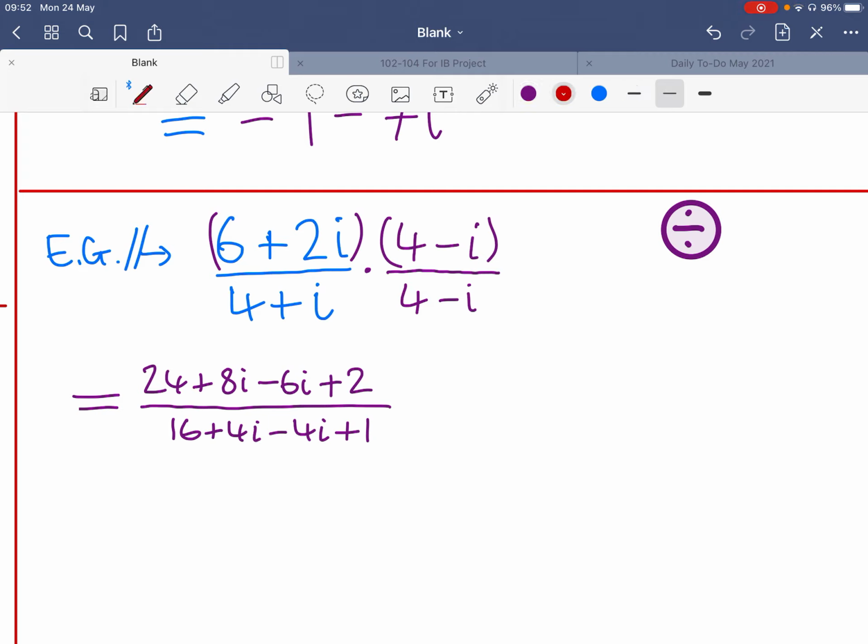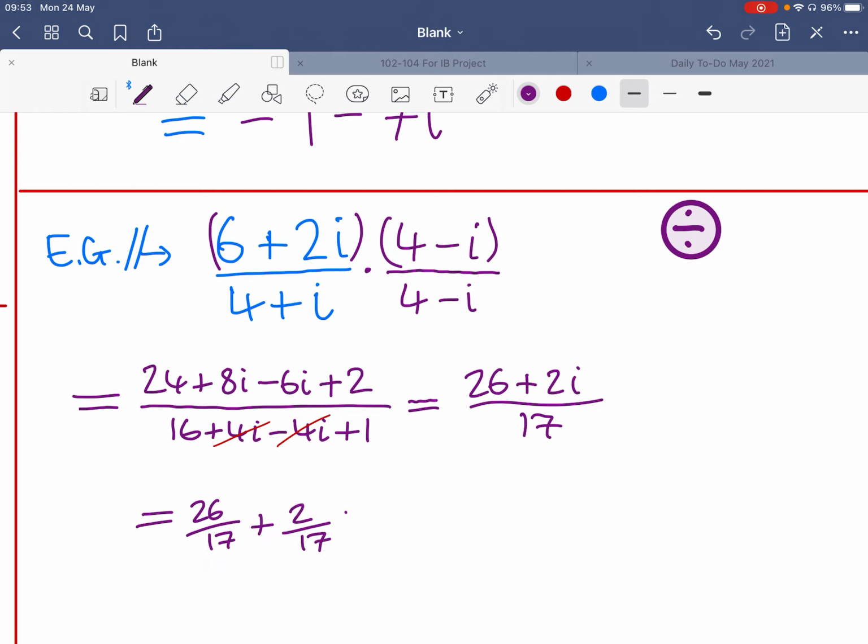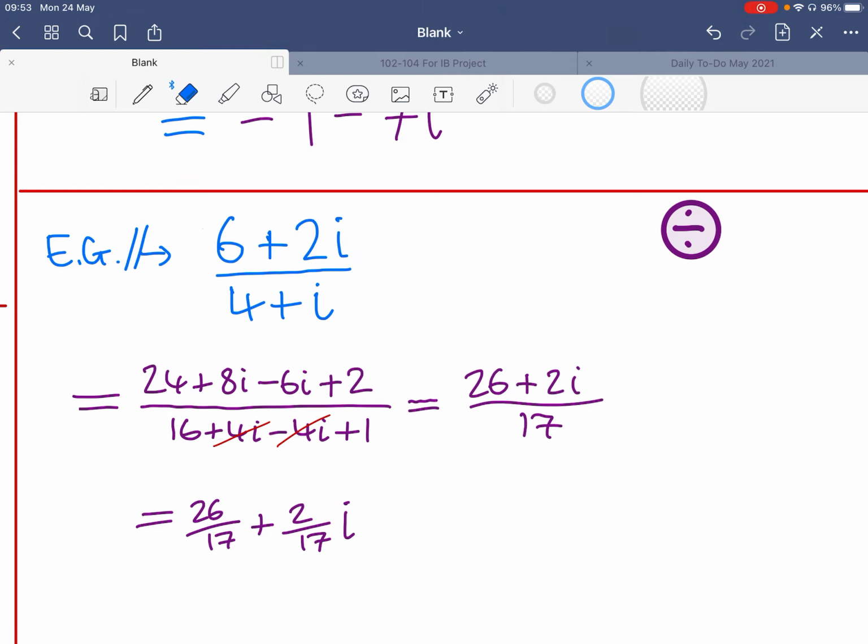And the most important thing here is that you'll see plus 4i minus 4i is 0i, or just 0. And now we suddenly have no imaginary numbers on the denominator, which is great. So 26 plus 2i, and that's just over 17. It's not a nice fraction, but I can just split this up into real part and imaginary part, and I have a nice, simple complex number. And that is the division of 6 plus 2i divided by 4 plus i.